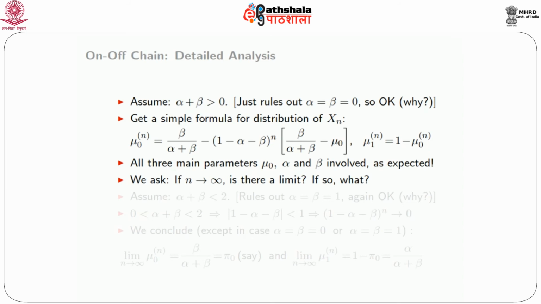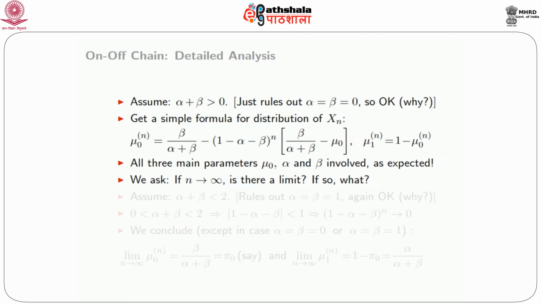Now for that, you see that n is involved in one place only in the expression for mu0 n, namely as a power of 1 minus alpha minus beta. So you're basically asking what happens to the nth power of 1 minus alpha minus beta as n goes to infinity. Of course, you know from calculus that in order to know that that has a limit, you need to have some condition on 1 minus alpha minus beta.